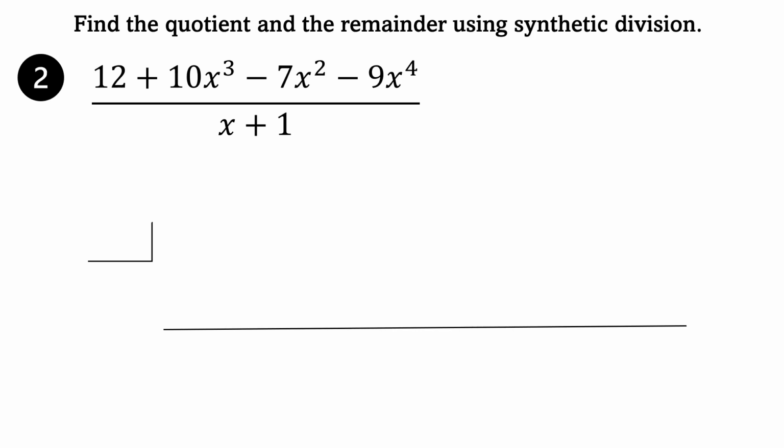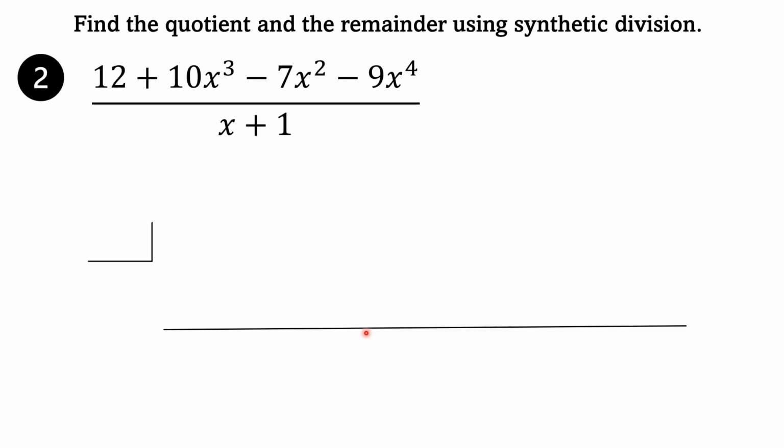Example number 2: 12 plus 10x cubed minus 7x squared minus 9x raised to 4, all over x plus 1. Step 1, arrange the terms of the dividend in descending order.